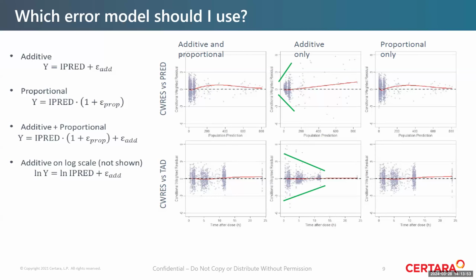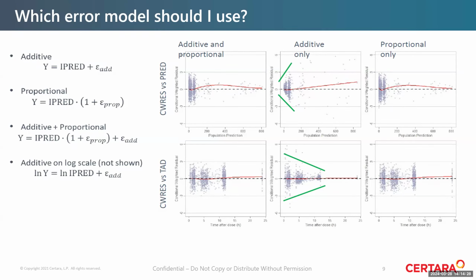In these plots, they were using continuous data to check which error model we choose. If you happen to see any trend in the plots, that means there's some sort of model misspecification. That is evident in this additive model, as the data is dispersing away from the fitted line, while on a CWRES versus TAD plot, the data is diverging from the fitted line, which shows a clearly defined pattern.